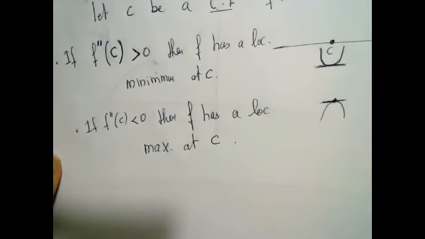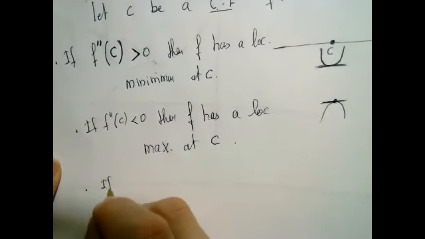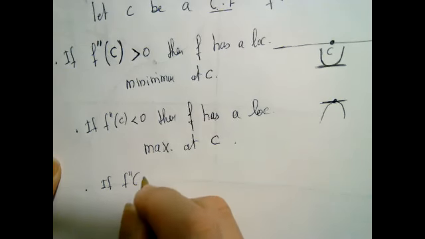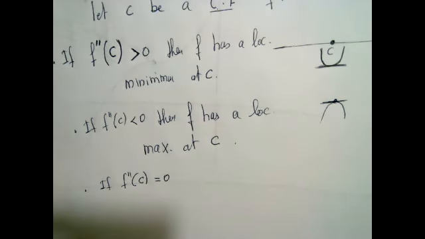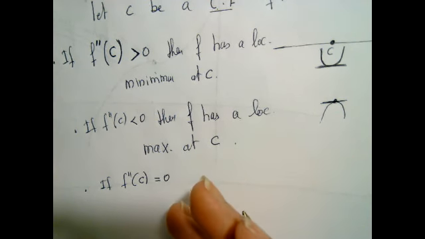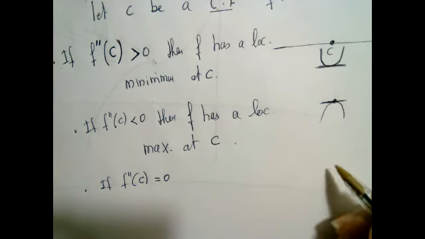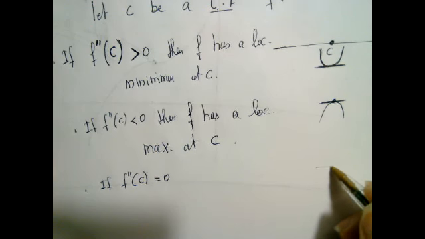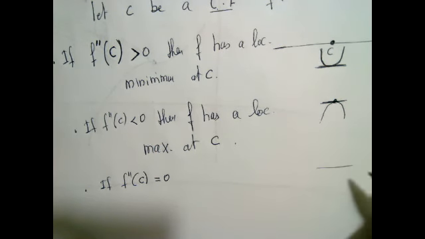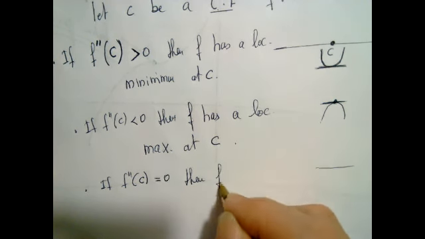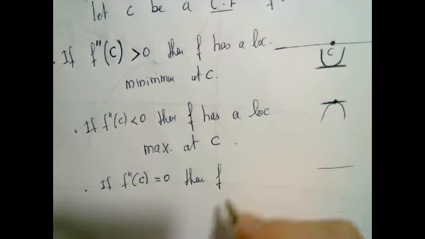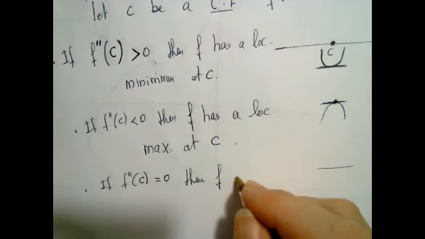Okay, and finally, if the second derivative happens to be 0 at this point, that's problematic. If the second derivative takes a value 0, then we actually don't know what goes on at this point. It could be a local max, local min, or neither. I'm going to ask you to give me examples to show that all cases can occur.